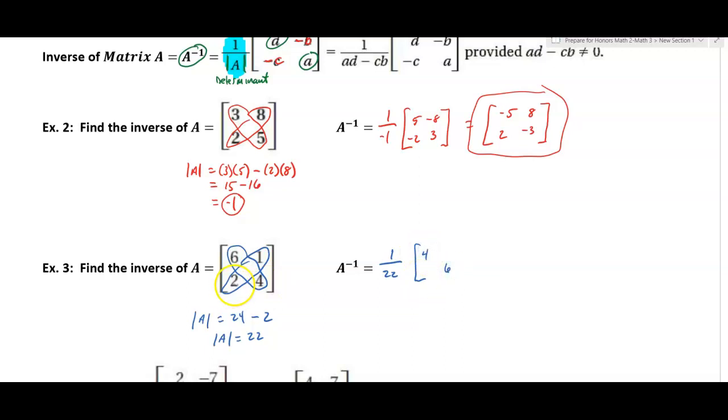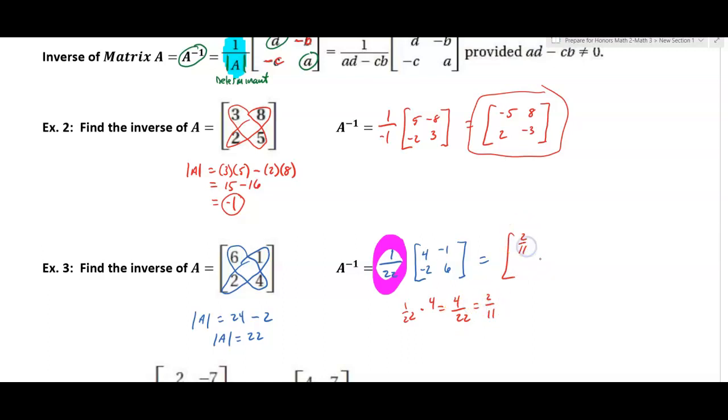Then I take the opposite of 2, which is negative 2, the opposite of 1, which is negative 1, and now I scalar multiply. I'm going to multiply everything in that matrix by 1 over 22. So 1 over 22 times 4 would just be 4 over 22, which technically can reduce to 2 over 11.